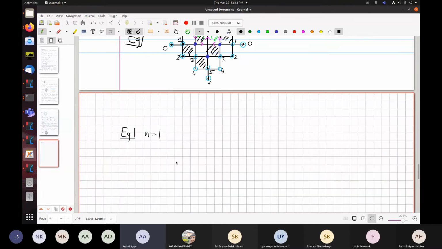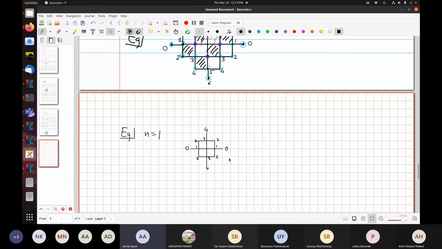Go back to the graph. So I have, okay, let me put the heights here. So this is 0, 1, 2, 3, 4, 2, 0, 2, 4.